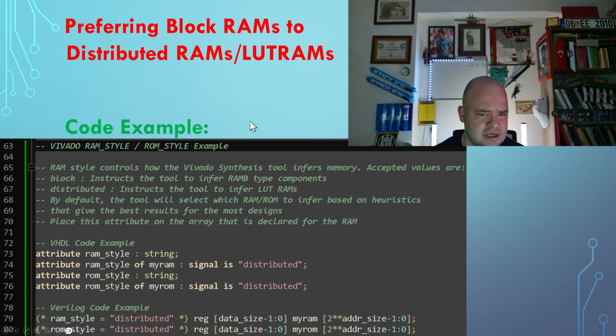Random access memory. ROM is read-only memory. Let me check. RAM is random access memory. ROM is the same kind, but a read-only one. Yes, it stands for read-only memory.